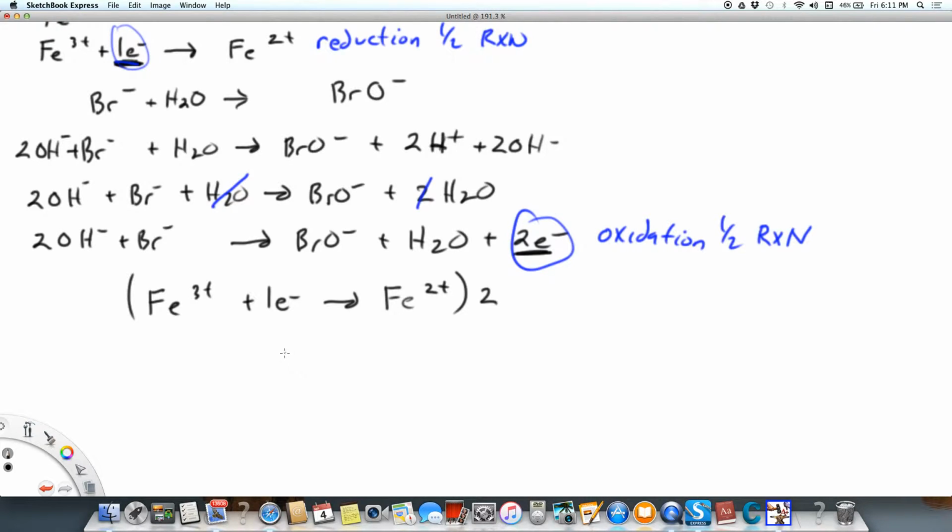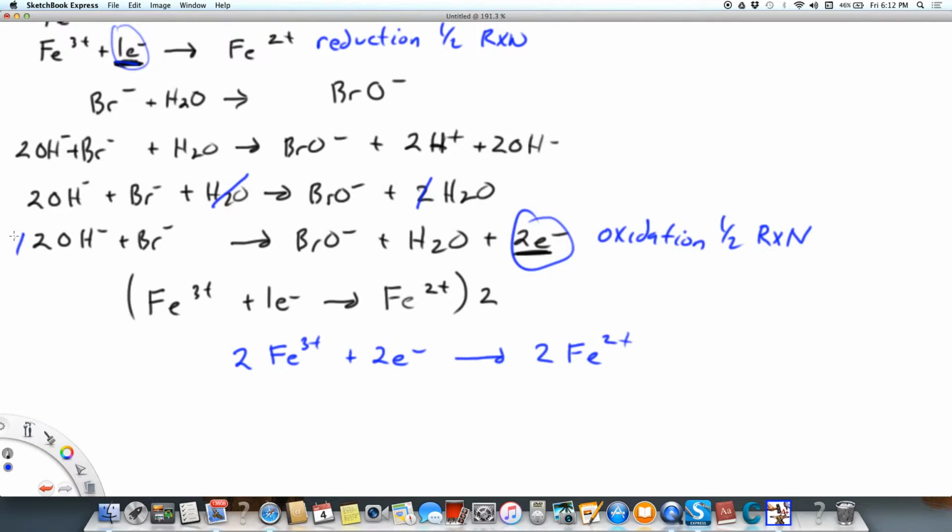Okay, so that gives me, let's do it in blue, 2 iron 3 plus plus 2 electrons, so I'm multiplying everything by 2, produces 2 iron 2 plus. So you'll notice we've got a +6 minus 2 is +4, and over here on the right we've got +4, so it's still balanced.